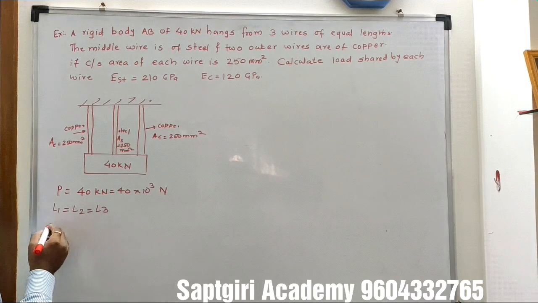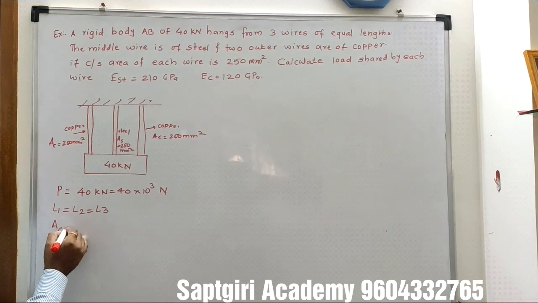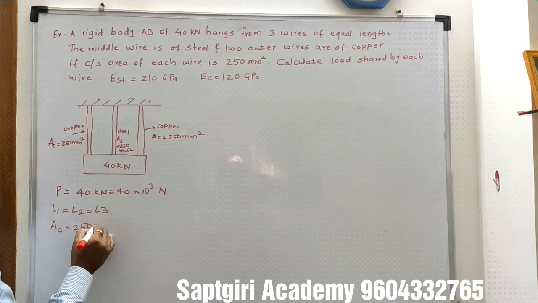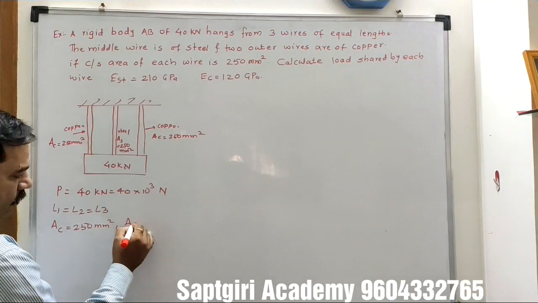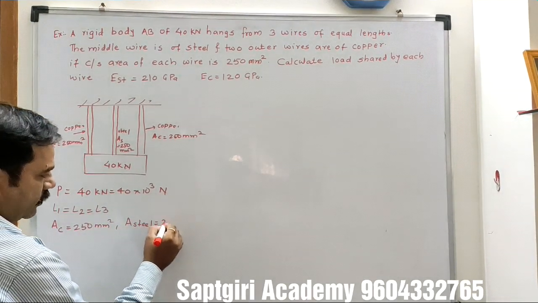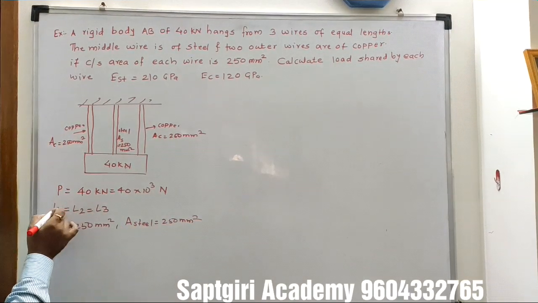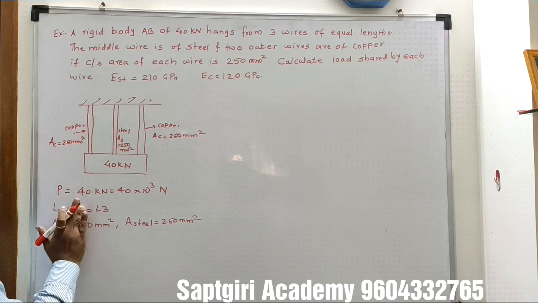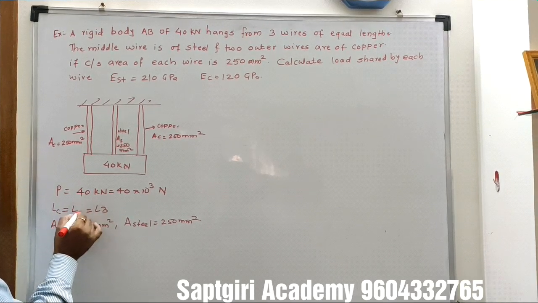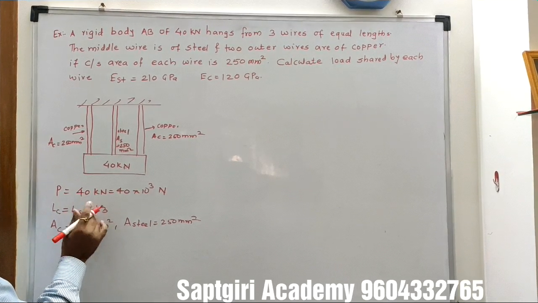The area for copper is 250 mm square and the area of steel is 250 mm square. So we can say the length of copper LC equals the length of the steel wire.